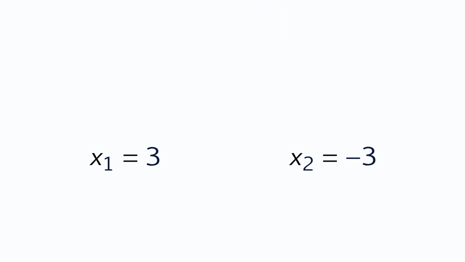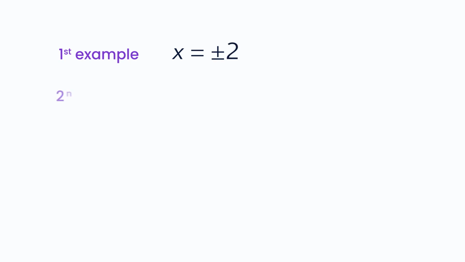That means that the quadratic equation 2x squared minus 18 equals 0 has the two solutions x1 equals 3 and x2 equals minus 3.